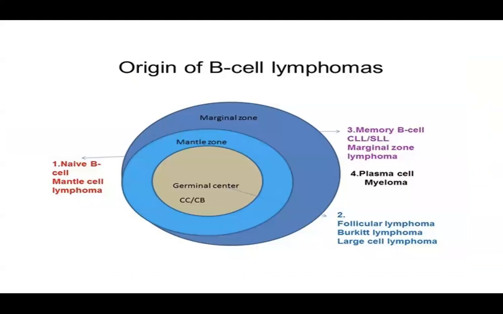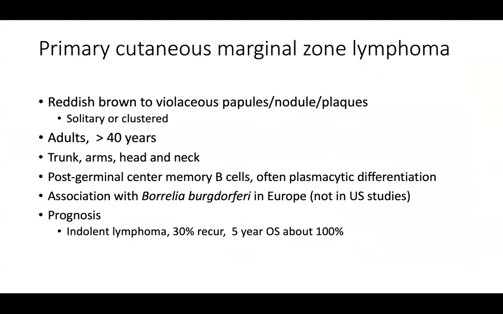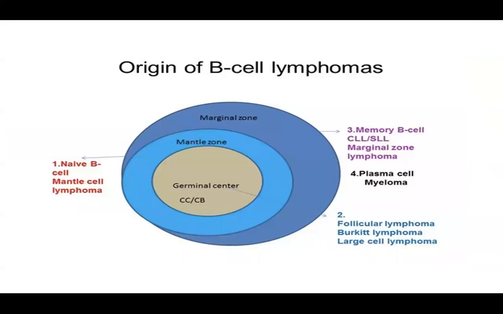Here's a little cartoon to show you how we can think about the origin of B cell lymphomas. So if you go to the center, you're thinking about germinal center derivation, and you can think about follicular lymphoma, Burkitt's lymphoma, or large cell lymphoma. And we'll talk about these specifically.